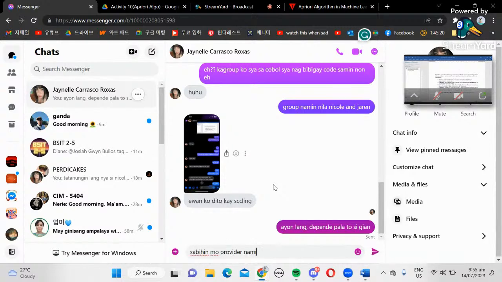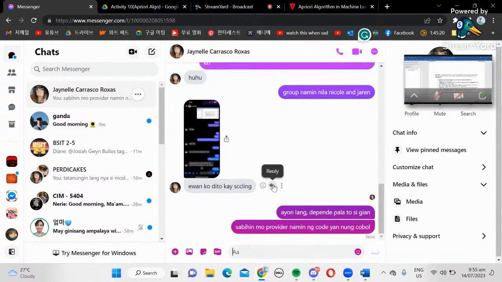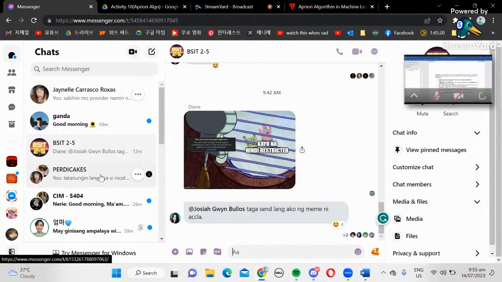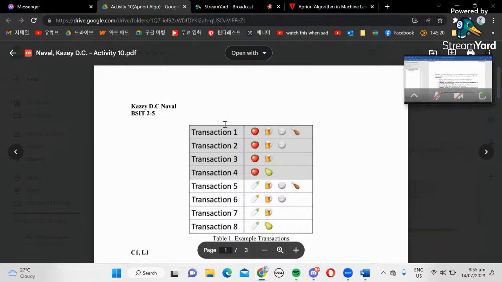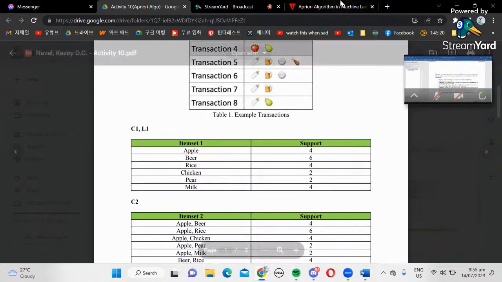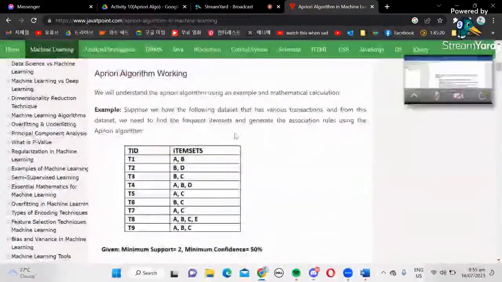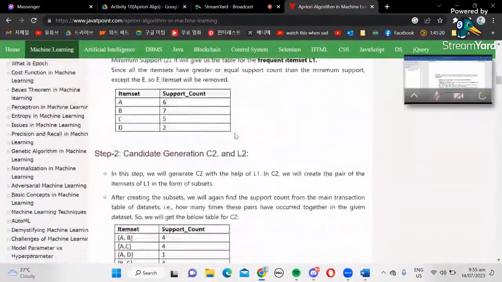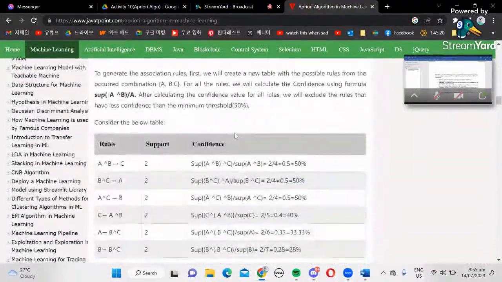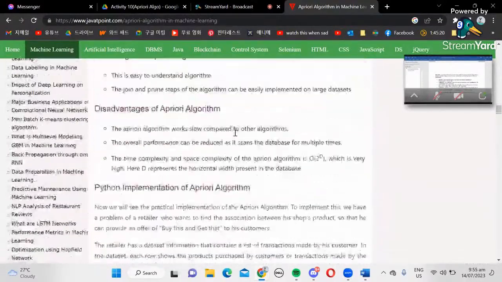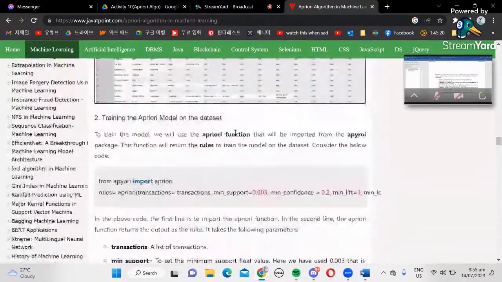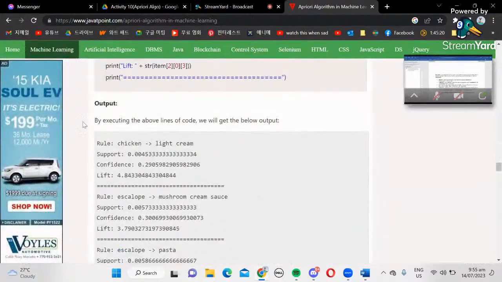So ang tinitingnan naman natin dito sa conviction ay yung A. Pag lift, ang tinitingnan natin yung B. Okay, titingnan natin yung B depending upon what the A. Now, pag conviction naman, we are going to check yung A. Pero, Justin, ang target pa rin natin kay conviction ay what?